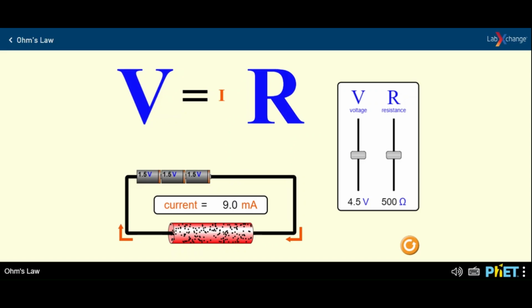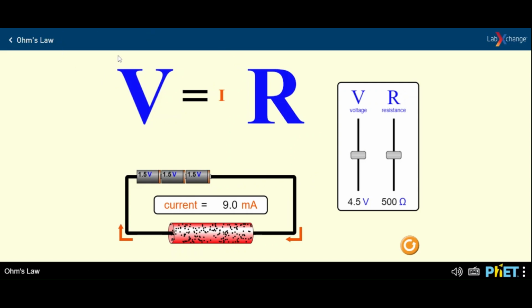So I want to see how this one relates with each other. So I'll vary the voltage, then I observe what happens. When I increase my voltage, I have more dry cells, then I'm having a bigger voltage. So if I increase the voltage here, then I'll see more dry cells increasing here.